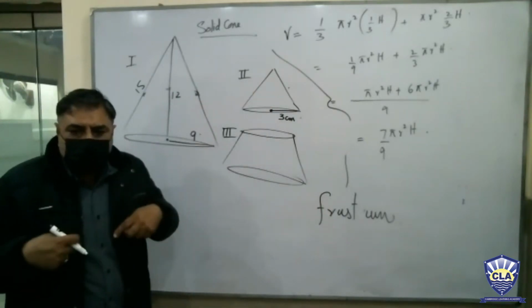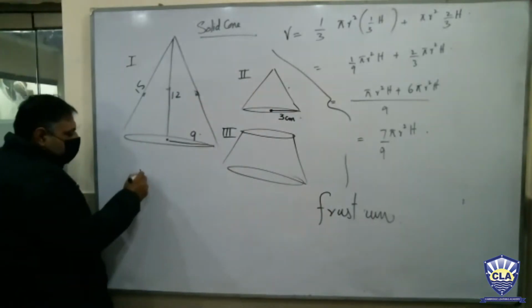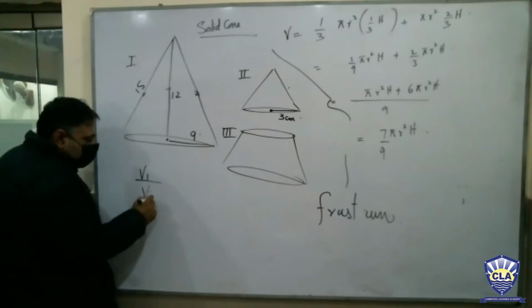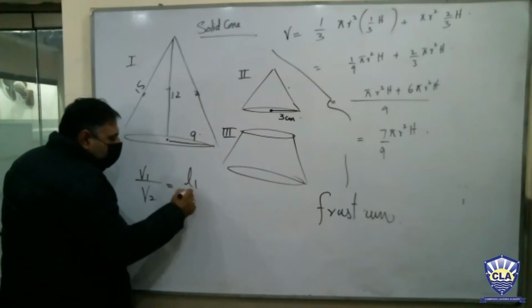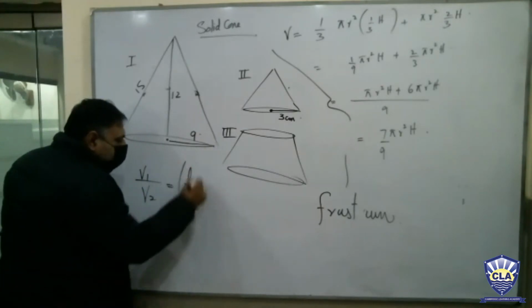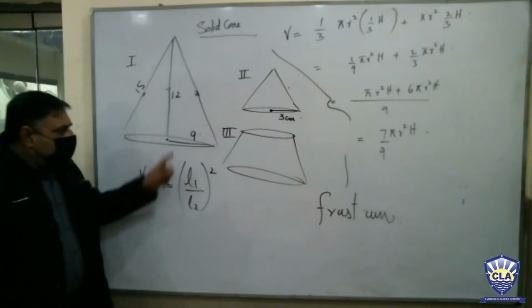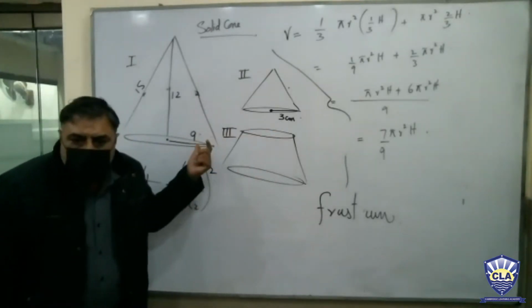V1 over the larger volume equals L1 over L whole cube. 9 and 3 is given.